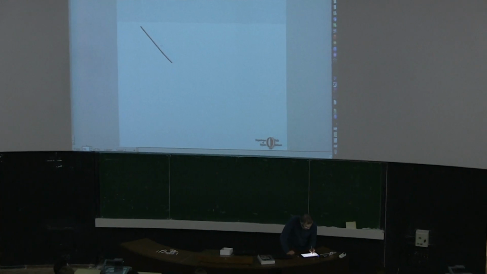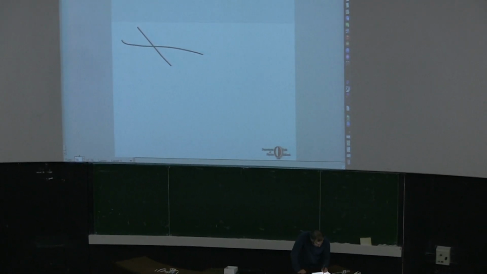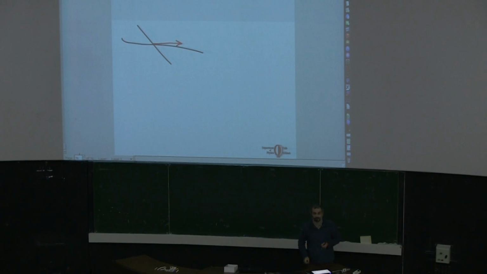Now, this is our area. This is the field line that passes through that area, let's say. So we know that the electric field at this point is pointing in that direction. We know that the electric field is tangent to the field line. And we were considering an area perpendicular to that field line.